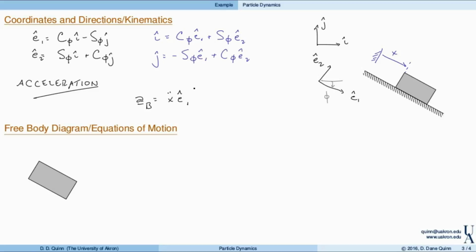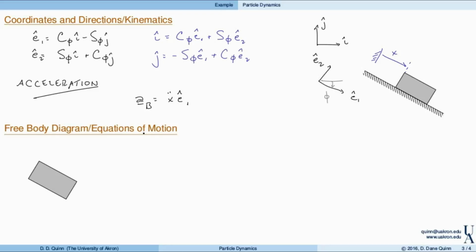If I can solve for x, then I can find the requested acceleration of the block when it's slipping down the plane. Again, at this point in the problem, I don't know what x double dot is, and that's fine. What I'm trying to do here is relate the measured coordinates to the acceleration. Right? So the acceleration of the block is given as x double dot in the E1 direction.